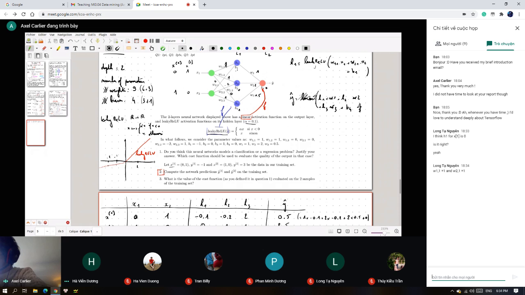So 0 multiplied by 1. W21 equals 0. You would be right, but I think this 0 is... okay, no. What did I write?